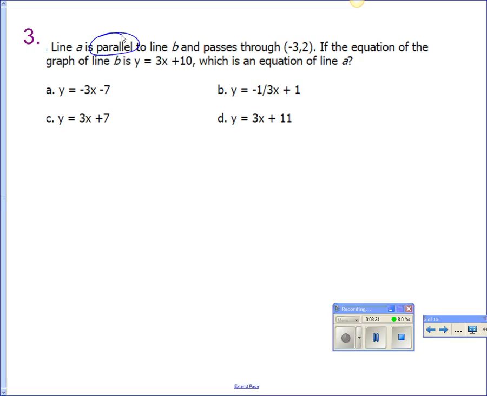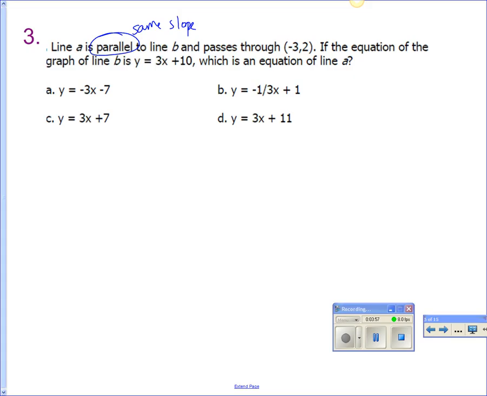Circle parallel. Let's make a circle. Circle parallel. Okay. Julius, what does parallel mean? Good. And Levi, where's the slope in the problem? Very good. The slope is 3x.